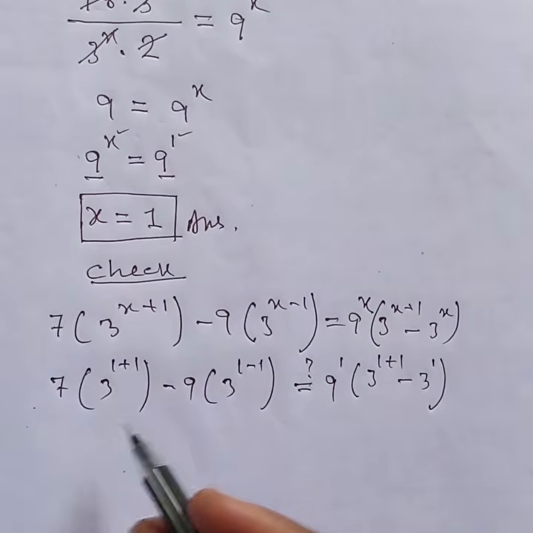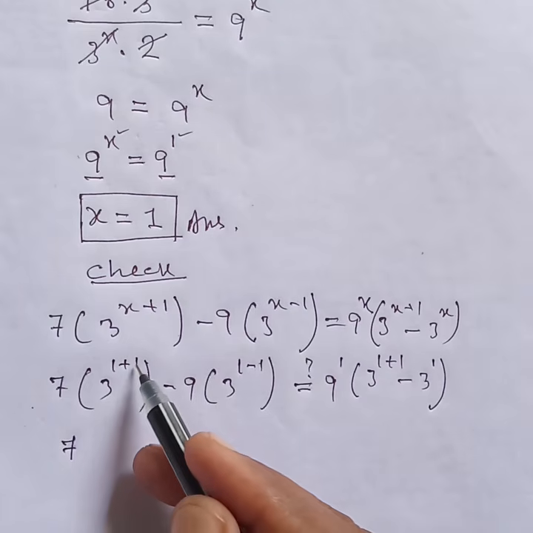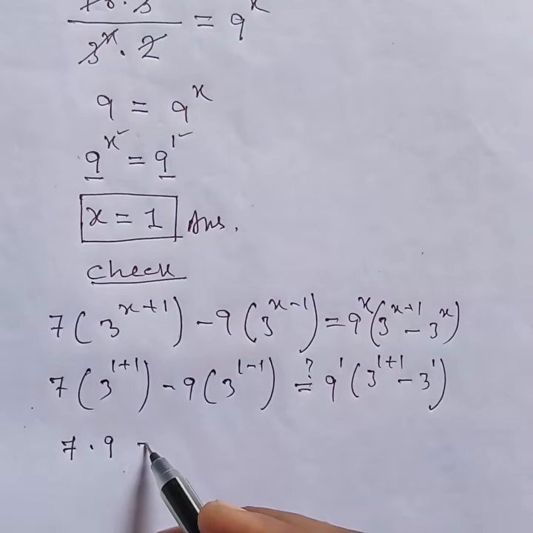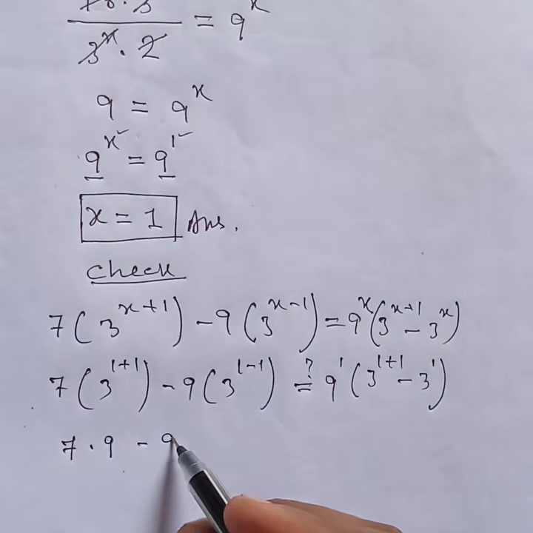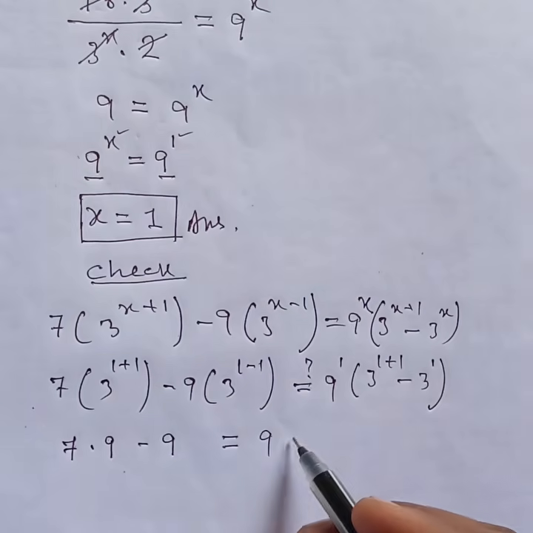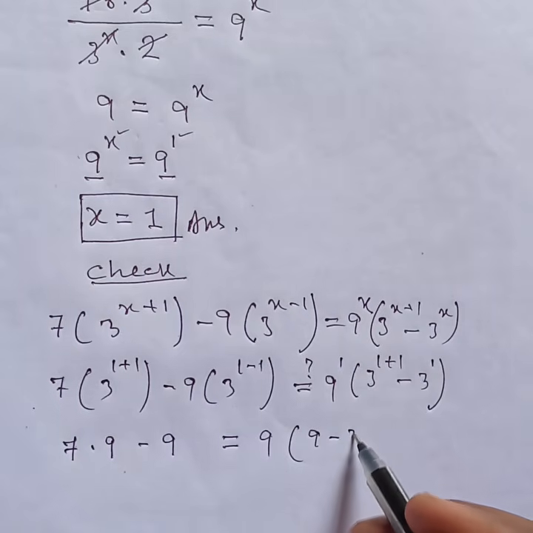Then it will be 7 into 3 to the power 2, that is 3 square, 9, minus 9 into 3 to the power 0 is 1, is 9, is equal to 9 to the power 1 is 9 into 3 to the power 2 is 9 minus 3.